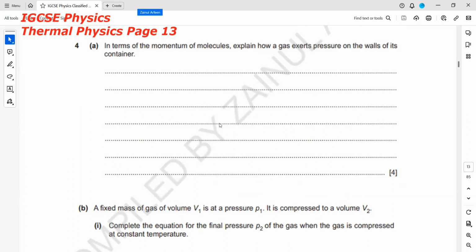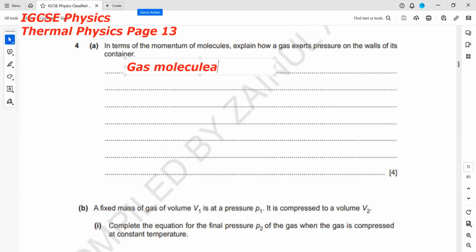So first thing we'll mention: gas molecules are moving randomly. They are changing direction. Because of the change in momentum, they exert force, and force acting on unit area creates pressure.